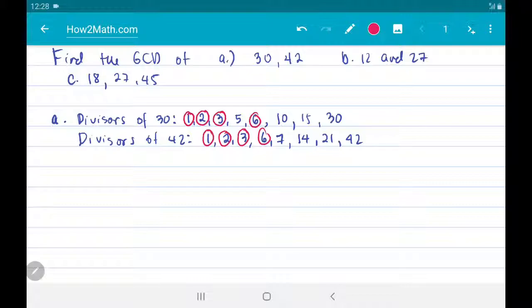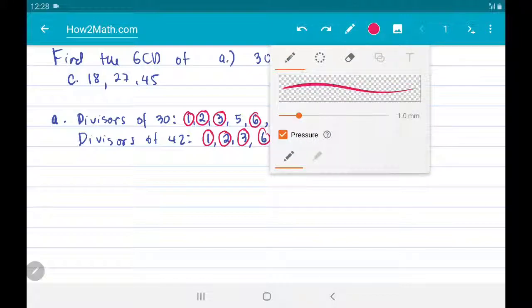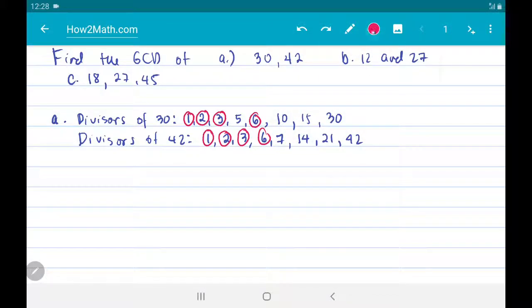So the greatest common divisor is the largest among the divisors. So our GCD of 30 and 42 is 6.